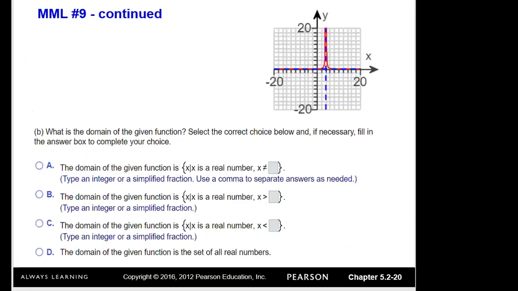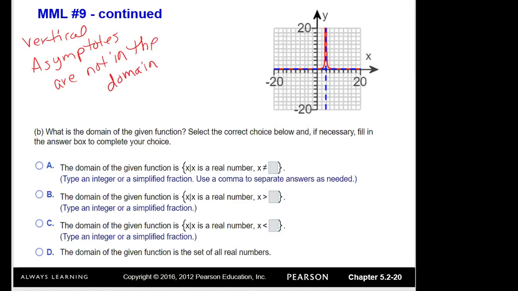Now it wants to know the domain. Remember, if there is a vertical asymptote, that will be left out. Vertical asymptotes are not in the domain.